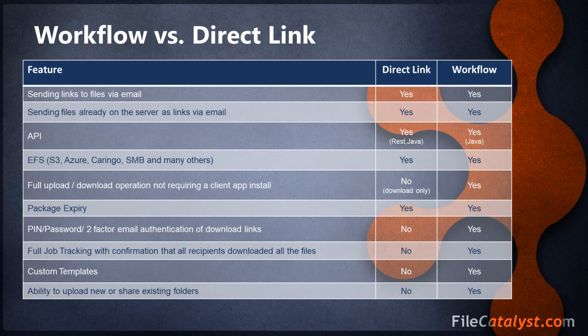And then you get the custom look and feel per group user with templates, custom emails, custom language files. That's all in Workflow. You don't get that with Direct. And the ability to upload new or share existing folders. All the folder operations are only in Workflow. You don't get them in Direct. So it's just a quick cheat sheet to figure out what you need and where you are.